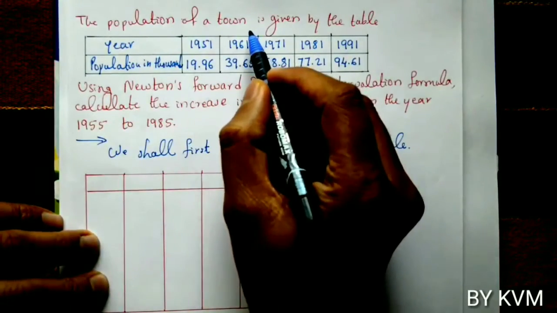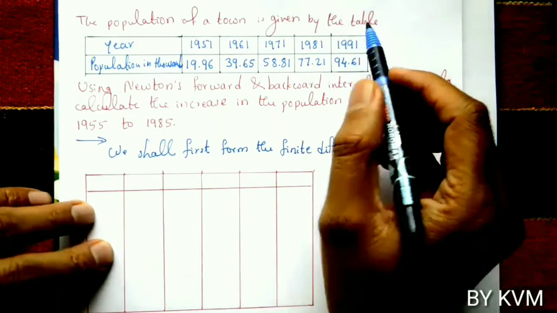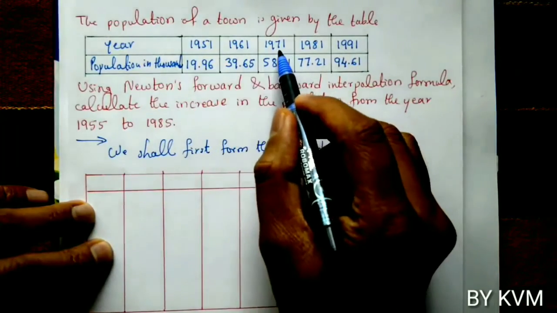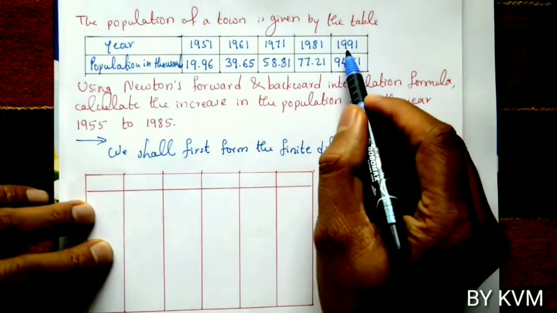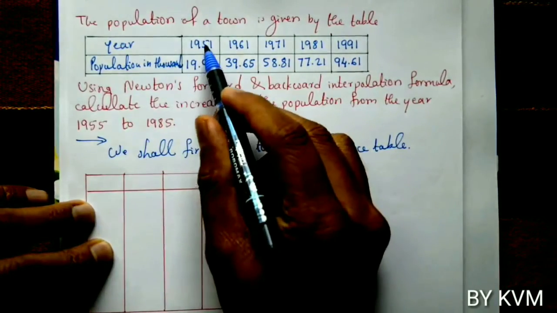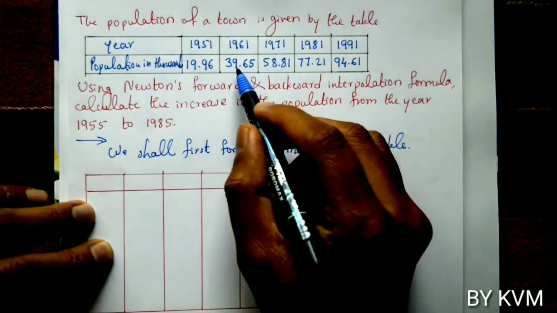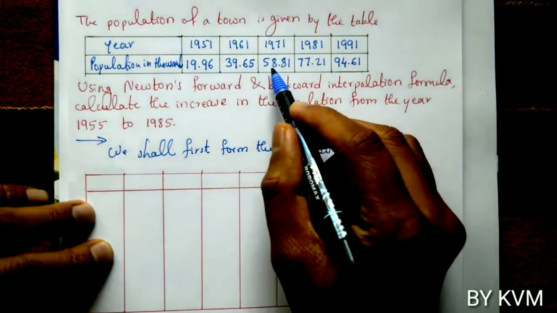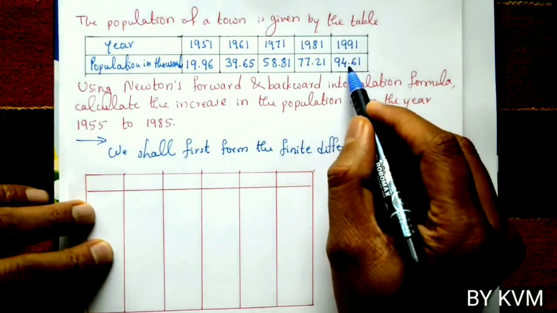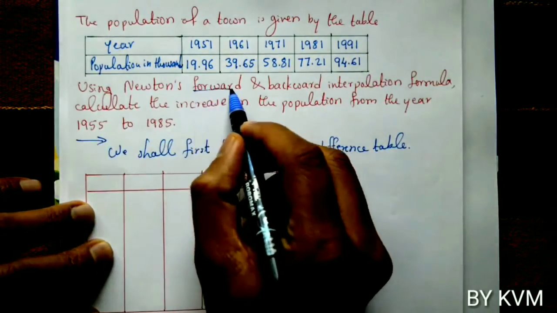The population of a town is given by the table. Year: 1951, 1961, 1971, 1981, 1991, and the corresponding population in those years is 19.96 in the year 1951, 39.65 in the year 1961, 58.81 in the year 1971, 77.21 in the year 1981, 94.61 in the year 1991.